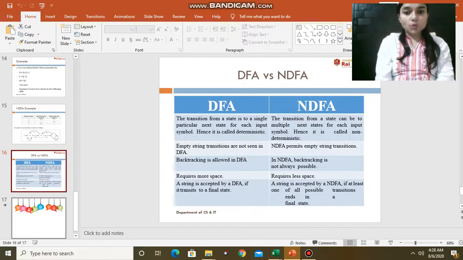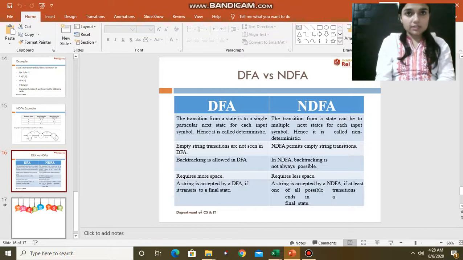DFA requires more space, while NDFA requires less space. In DFA, a string is accepted only if it moves to a final state, and in NDFA, a string is accepted if at least one of all possible transitions ends in a final state. So this is the difference between DFA and NDFA.